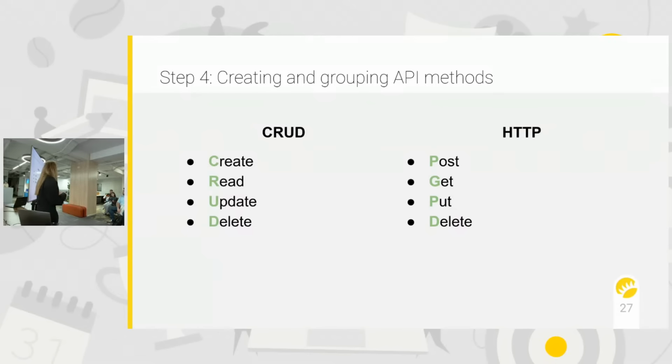Some functions, and functions should be like verbs. So in CRUD, we have create, and its HTTP method is POST. For example, if we want to post a story, what kind of HTTP method should we use? Post.